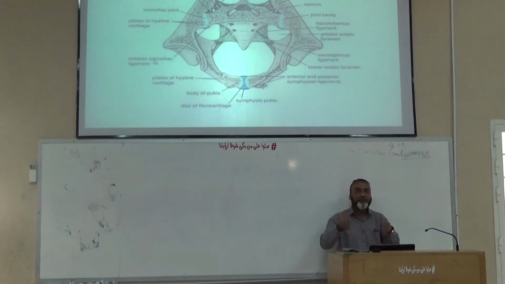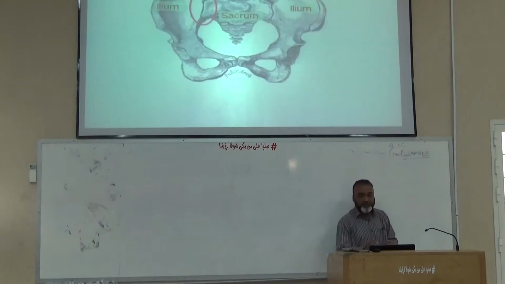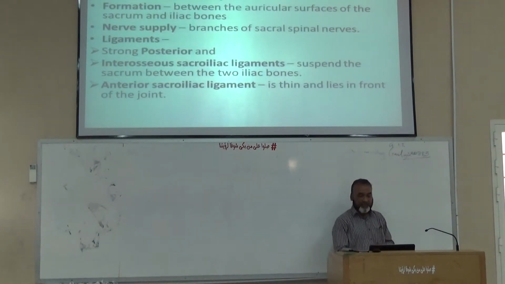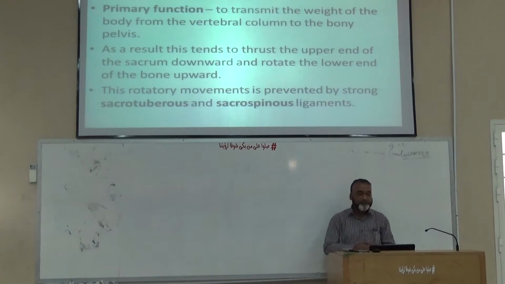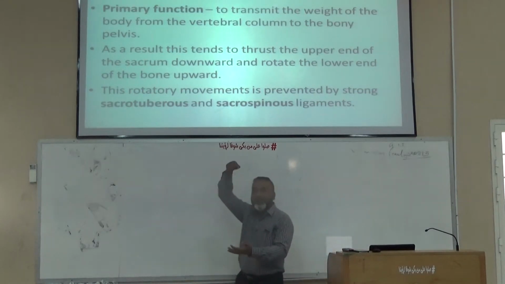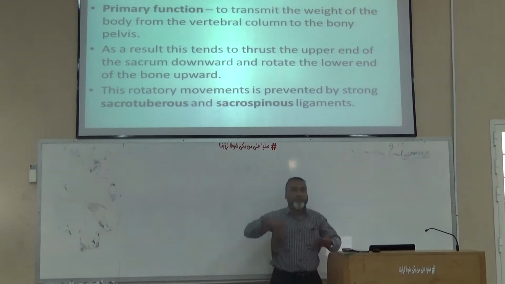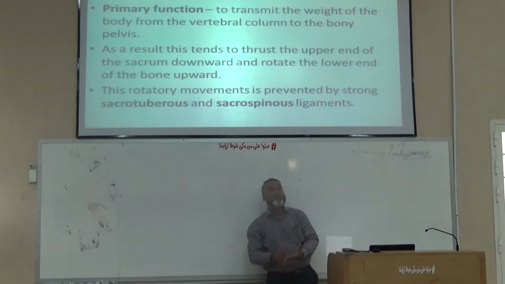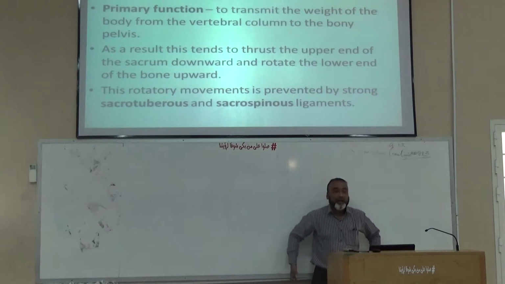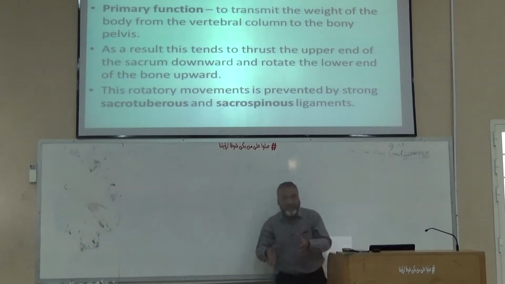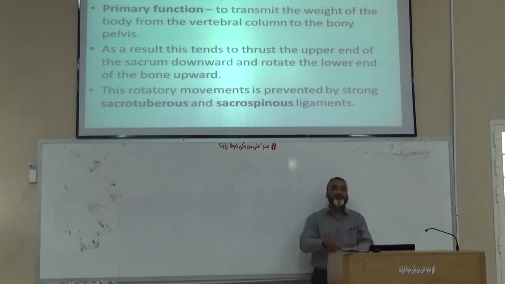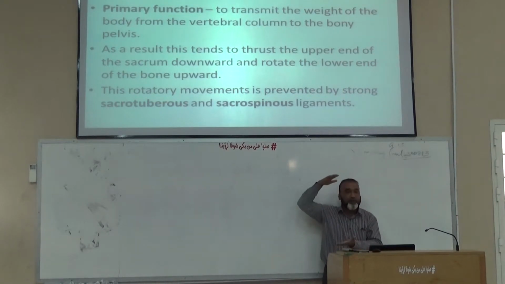These two ligaments, the posterior and the interosseous, help in stabilizing the joint. The function of this joint is what? It transfers the weight of the body, the weight of the vertebral column, from above down towards the pelvic girdle.